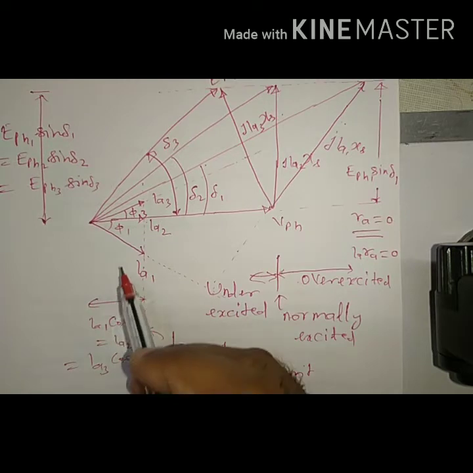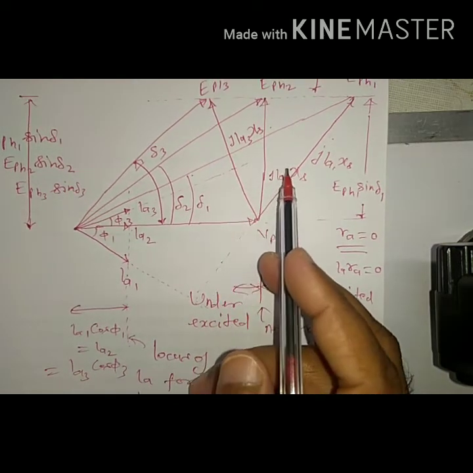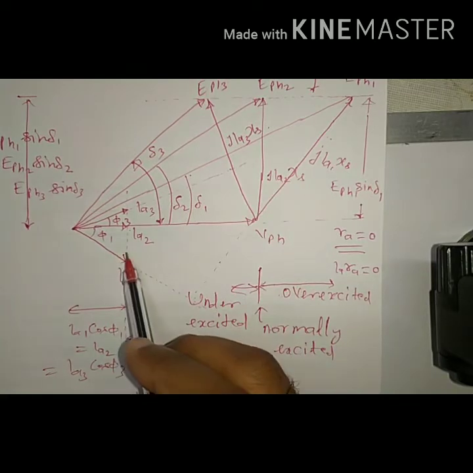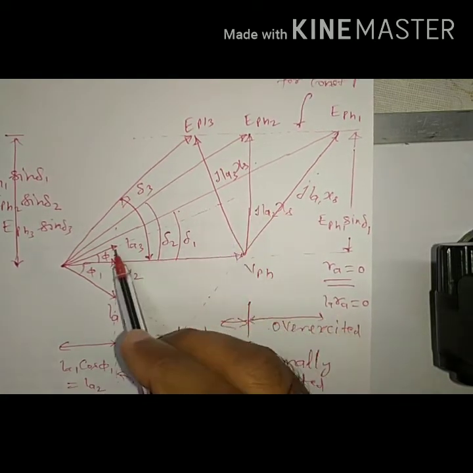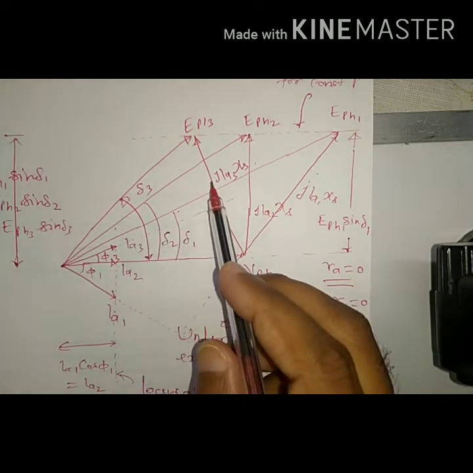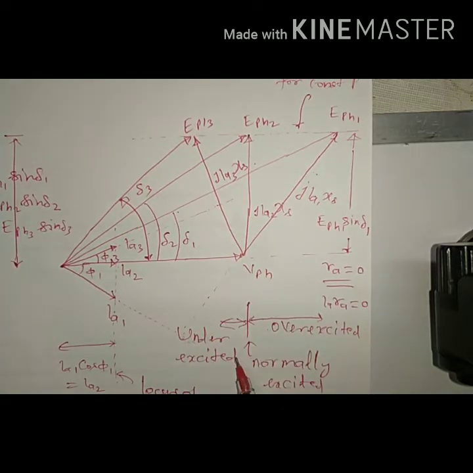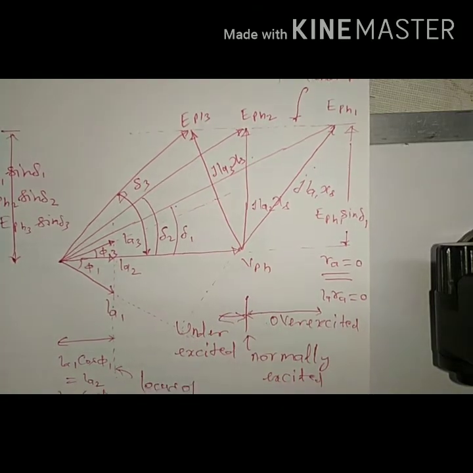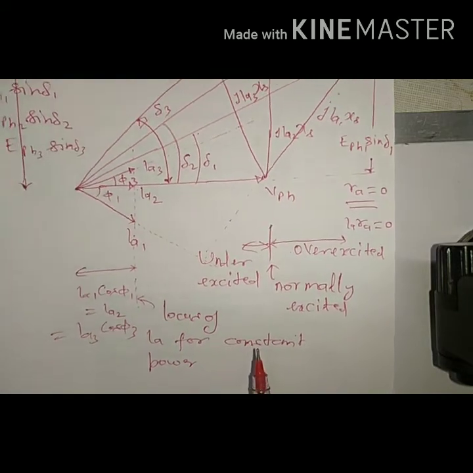So based on these loadings, we can change excitation to meet the demand also. If lagging power factor, excitation will be more, overexcited; unity power factor, excitation will be normal; and if leading power factor, excitation will be underexcitation. That is taking care of reactive power supply or demand.